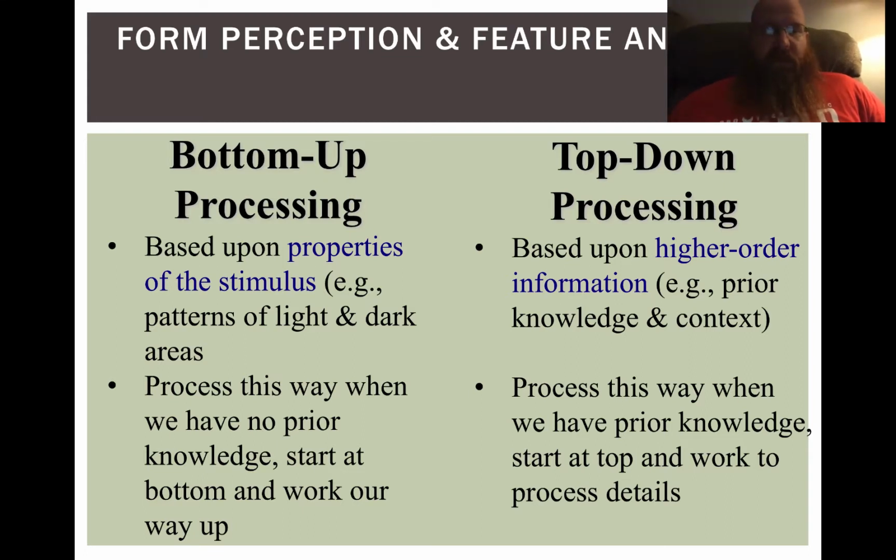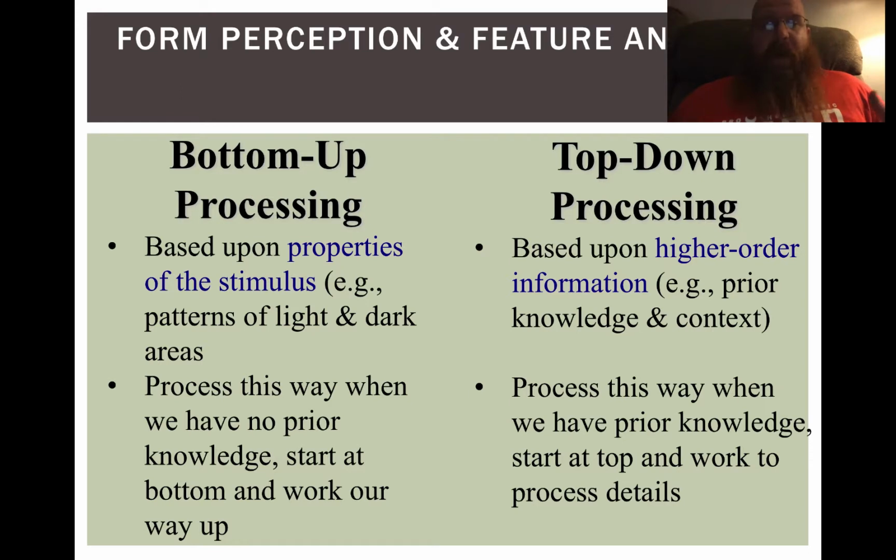We process this way when we have no prior knowledge. We start at the bottom and work our way up. So all we have are those sensations that we get from our neurons. That's all we have, like a strange smell that we have no idea what it is. We've never smelled it before, or that odd taste when we're out at a different restaurant and ordered something that our friend tells us to order that we don't know what it is.